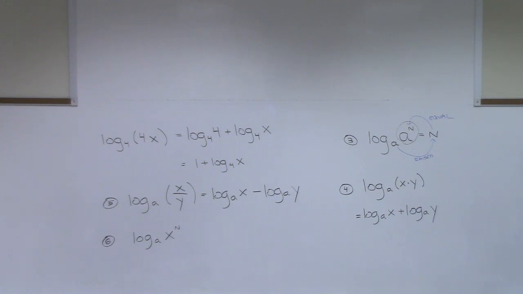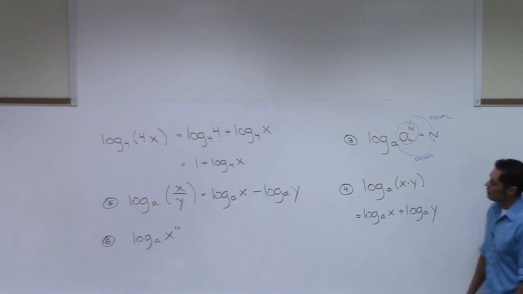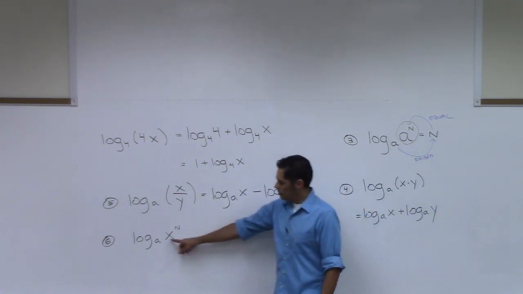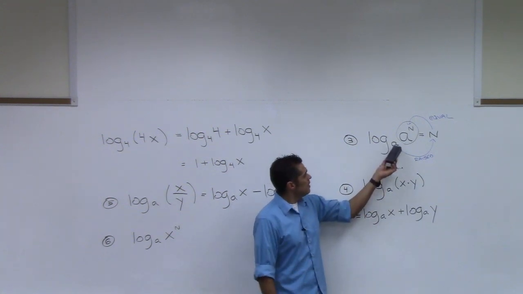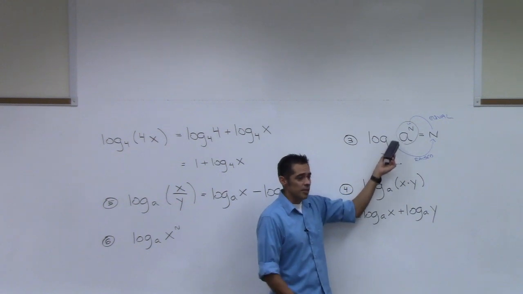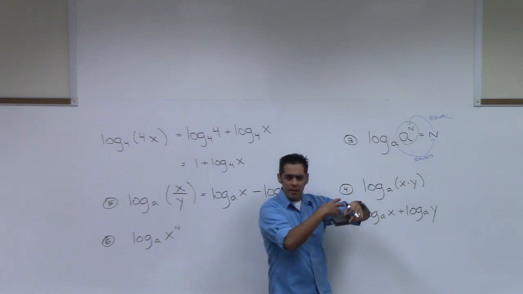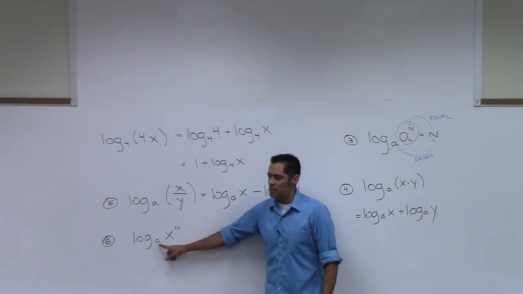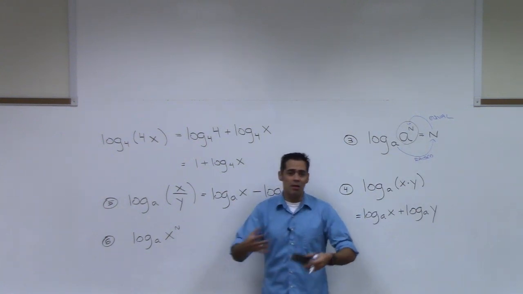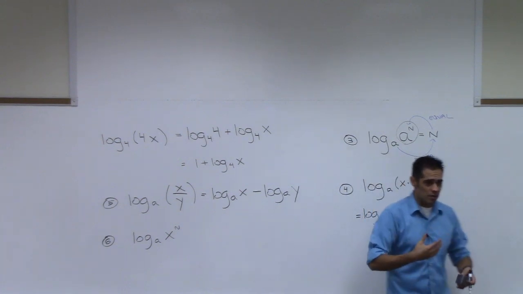No, what's different? This thing here is x, not necessarily a. This property works if the base and the base here are matching. Then they kill each other off because they're inverses, and then you just drop the n out. Here, this a and this x aren't necessarily the same, so they aren't necessarily inverses, so they don't kill each other off.